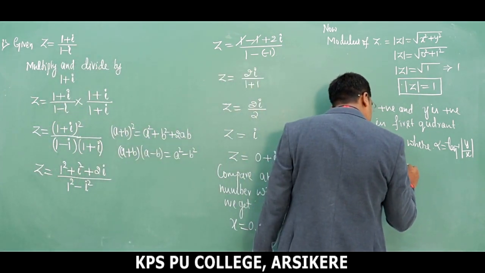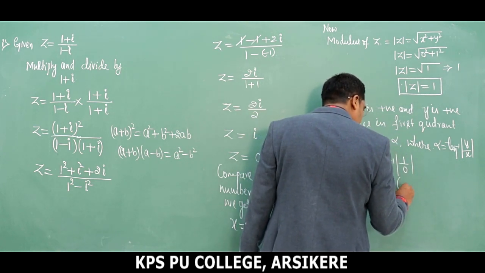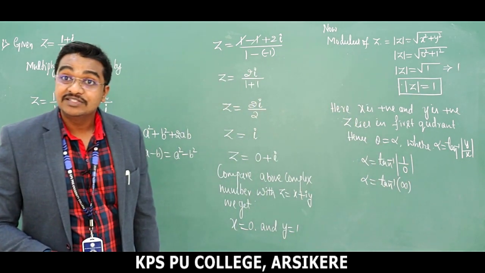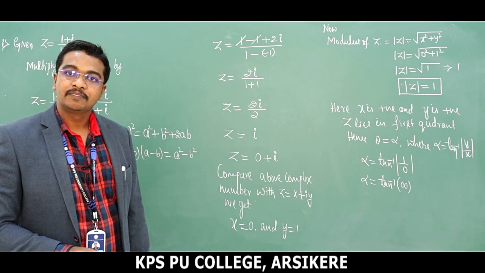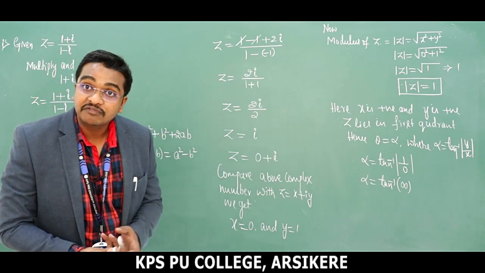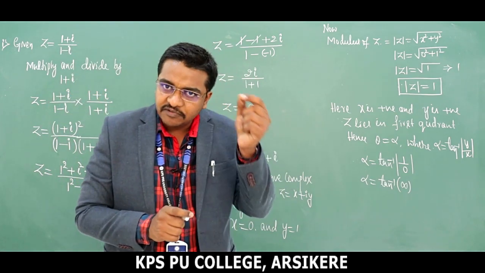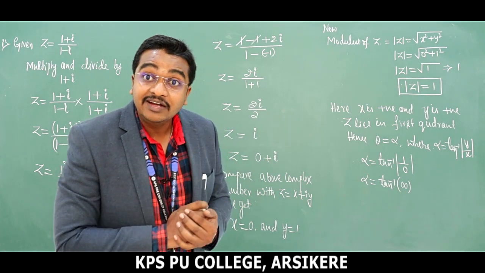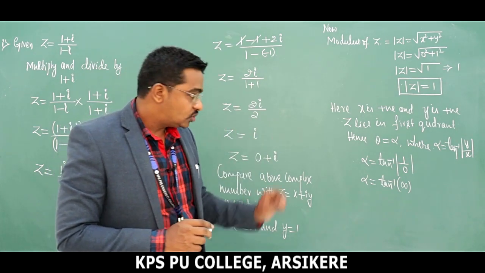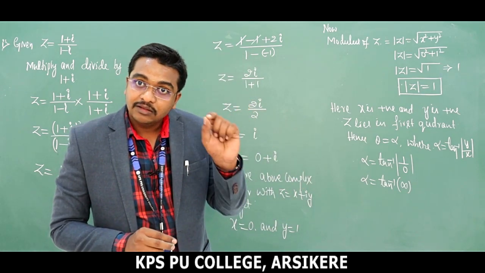Alpha is equal to tan inverse of 1 by 0, nothing but infinity, right? Anything by 0 is infinity. So 1 by 0 is infinity, means tan inverse of infinity. When tan becomes infinity at the angle 90 degree, that is pi divided by 2. So when I substitute tan of 90 degree, you will get infinity.